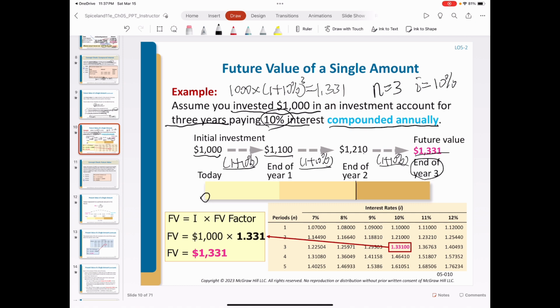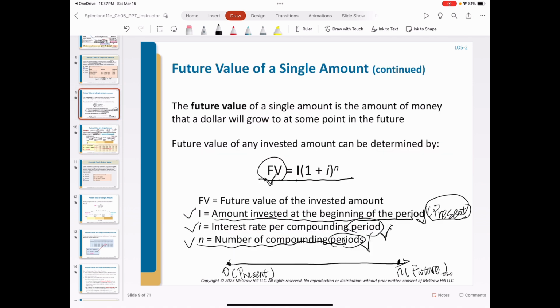Basically, to calculate the future value of a cash flow, a single amount, here 1,000 is just a single amount of cash flow, we just need 3 inputs: the amount of investment, number of periods, and interest per period. This formula, I can write this way: I is the initial investment, and this section in the brackets represents a future value factor.